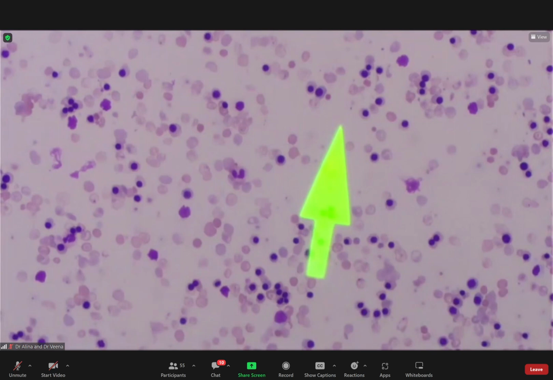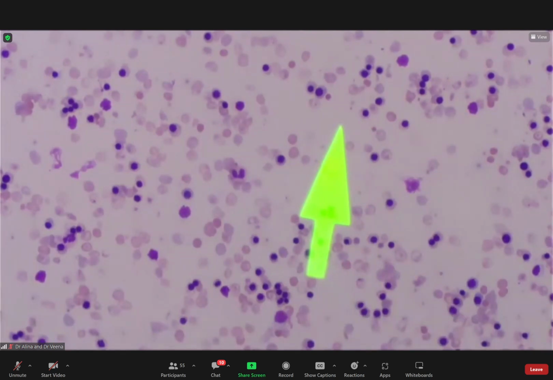No. Because what is the machine counting as white cells? Nucleated red blood cells, right? So this is a false leukocytosis or pseudoleukocytosis, where the machine mistakes the nucleated red cells as white cells.